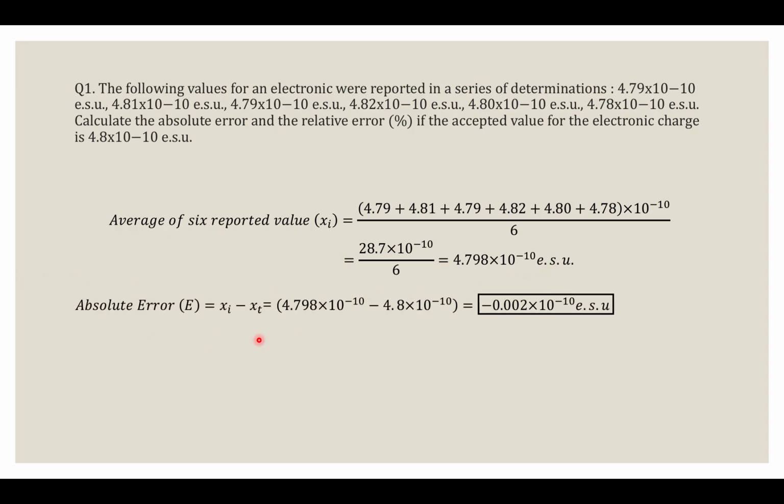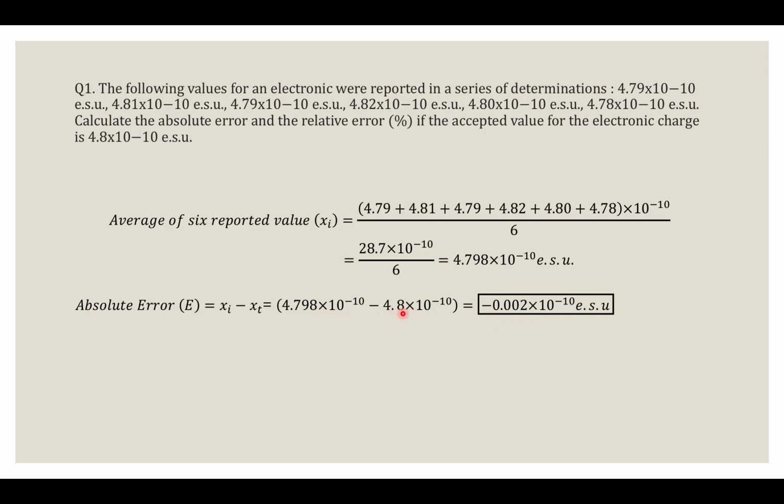Now the absolute error, which is numerically equal to xi minus xt, would be this value minus the accepted value, and it comes out to be minus 0.002 into 10 to the power of minus 10 ESU.